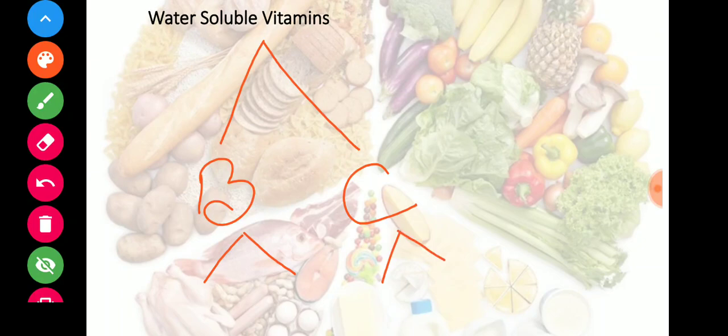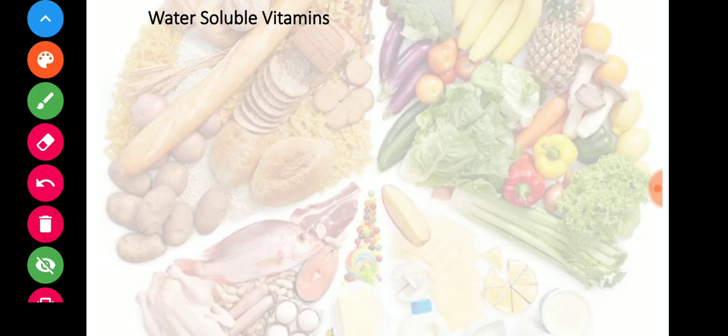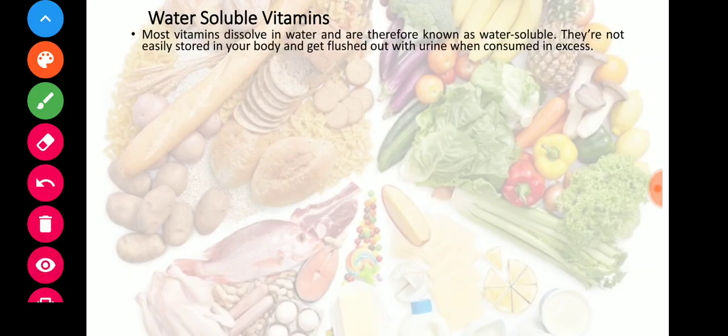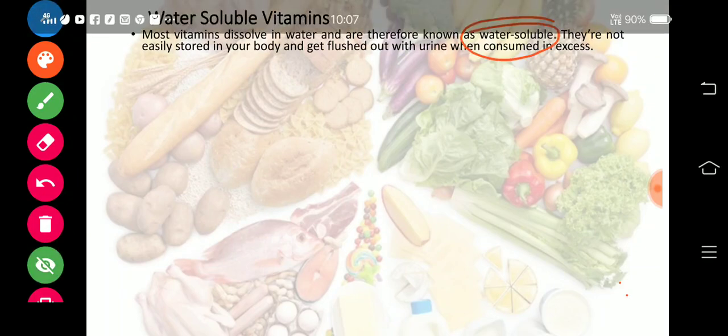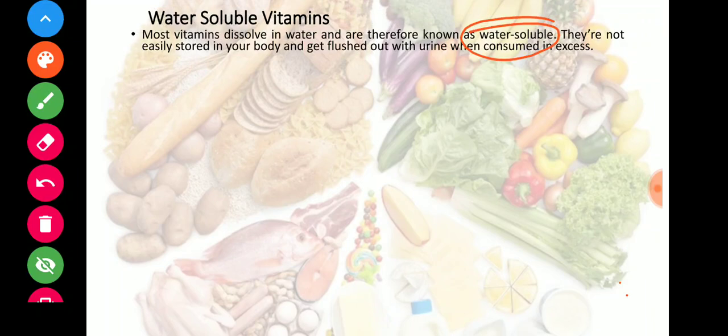So what points can we learn? Most vitamins dissolve in water and are therefore known as water soluble. Why do we call it water soluble? Because of the dissolving nature of these vitamins in water.